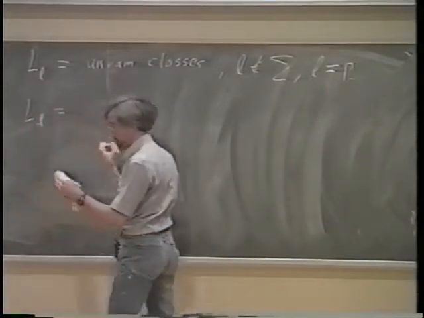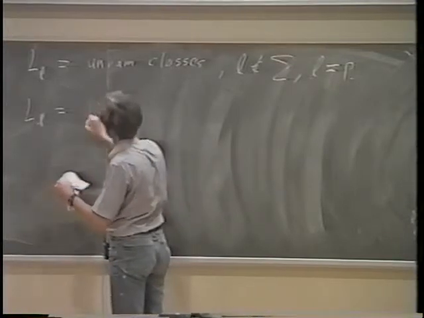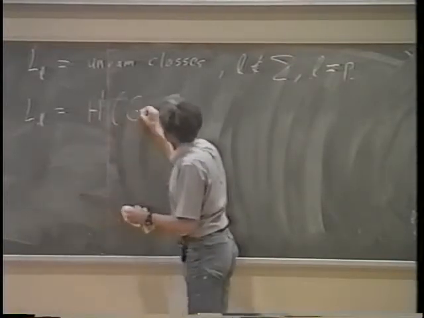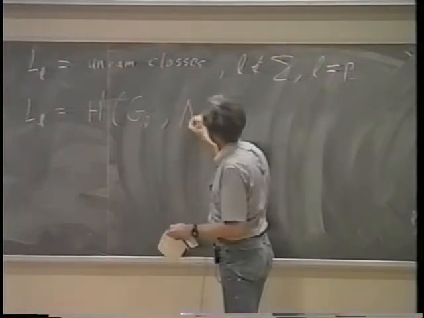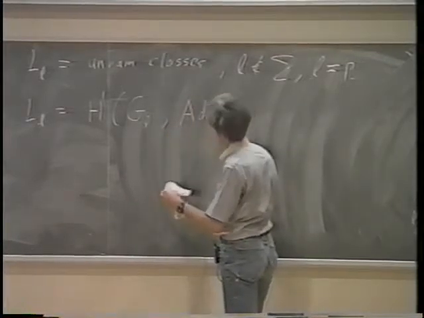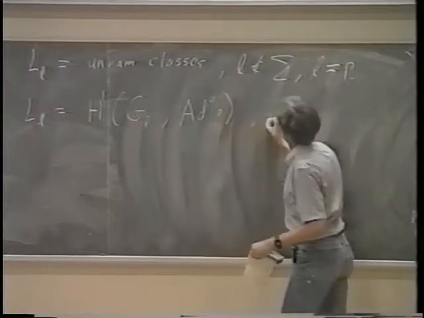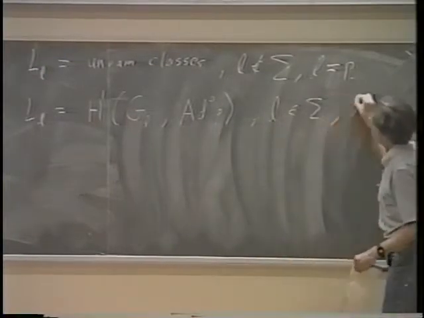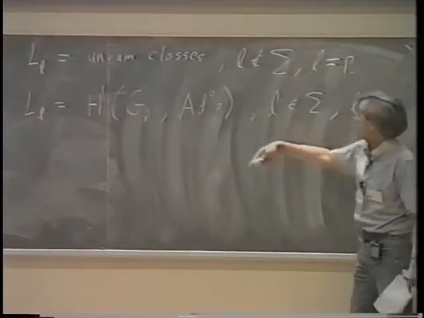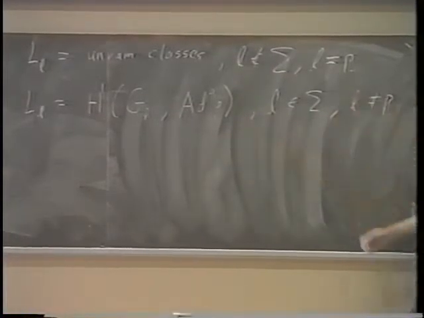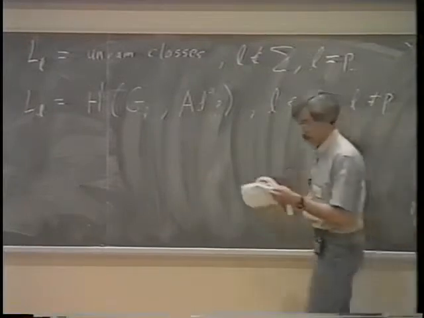L_ℓ is going to be H¹(G_ℓ, ad⁰ ρ) for ℓ in Σ and ℓ not equal to p. So in Σ, we're letting whatever you want to happen, except at p.